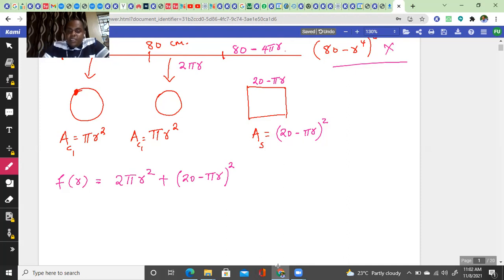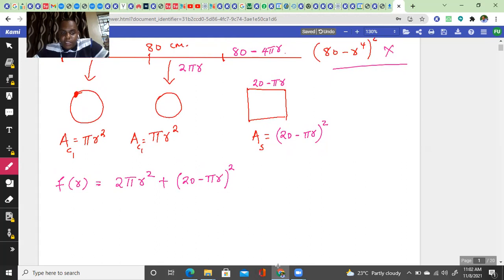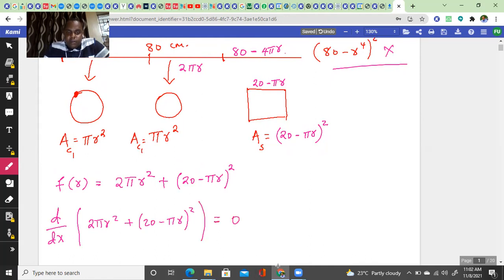So to minimize it, we are going to do the same thing we did for question 6. We are going to find d dx of this function, d dx of 2 pi r squared plus 20 minus pi r squared. And then once we find that derivative, we equate it to 0, and then we solve for r.